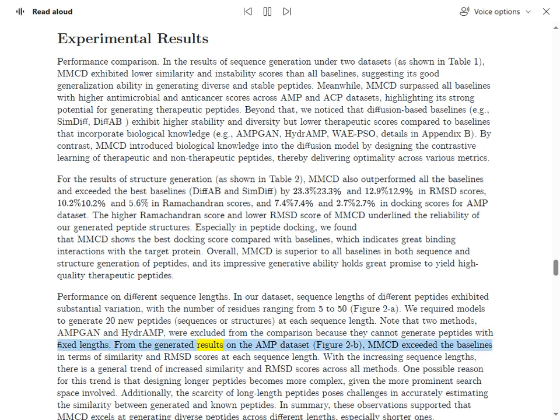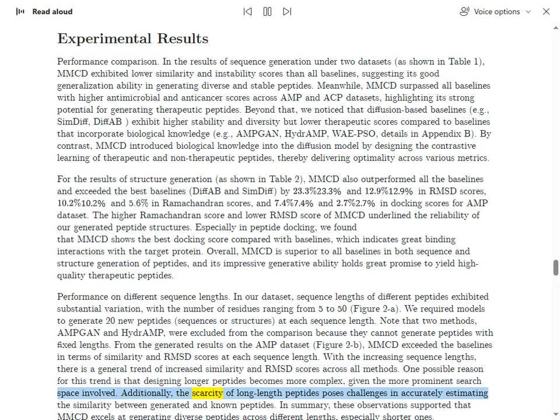From the generated results on the AMP dataset, Figure 2b, MMCD exceeded the baselines in terms of similarity and RMSD scores at each sequence length. With the increasing sequence lengths, there is a general trend of increased similarity and RMSD scores across all methods. One possible reason for this trend is that designing longer peptides becomes more complex, given the more prominent search space involved.